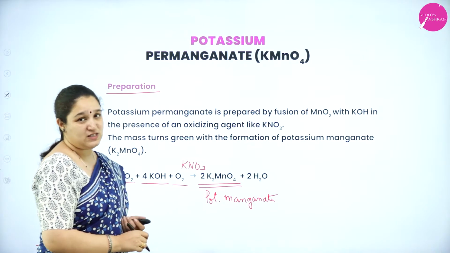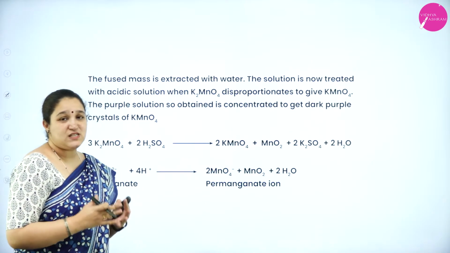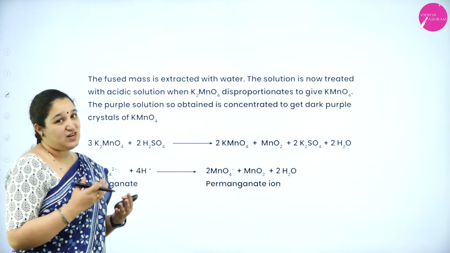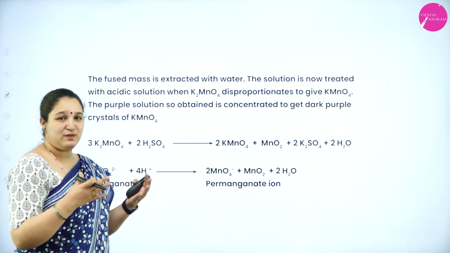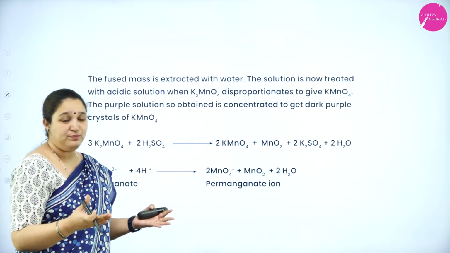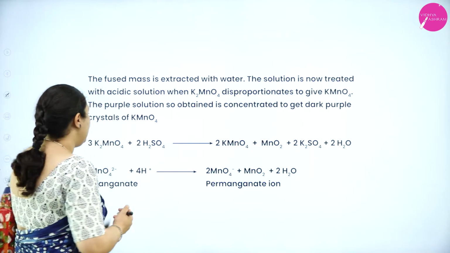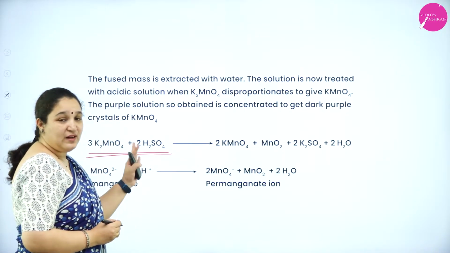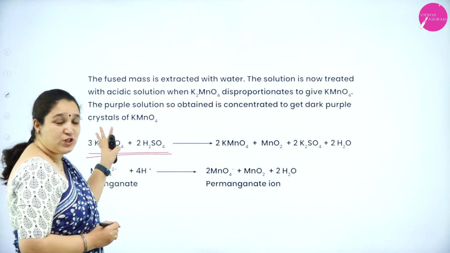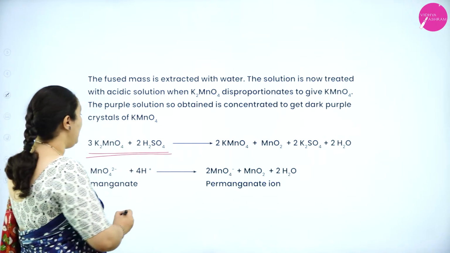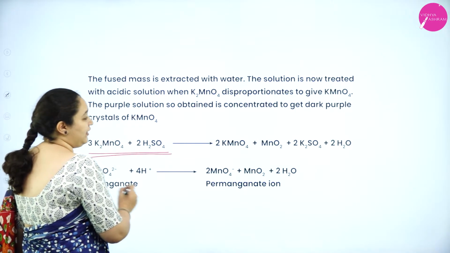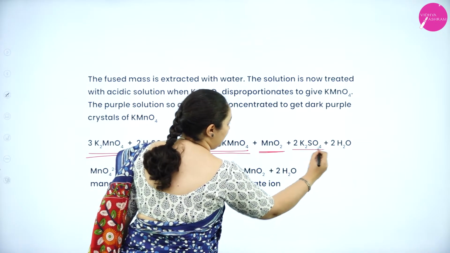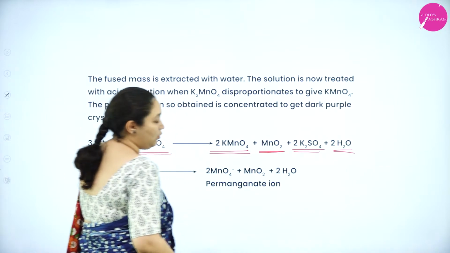This is the first step. Now, the potassium manganate that you have got is extracted with water, that is, it is there in the form of a solution. Now that solution is acidified. So you add acid to that, then there is a disproportionation reaction which is happening and potassium manganate will give rise to potassium permanganate, manganese dioxide, potassium sulfate and water.